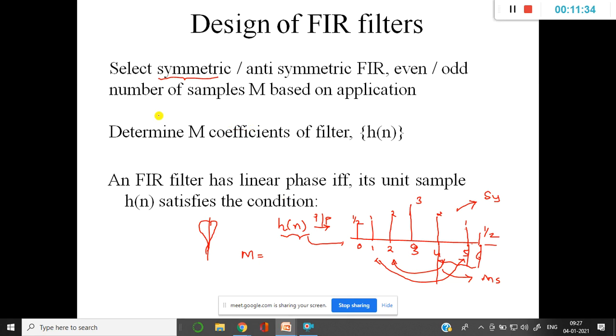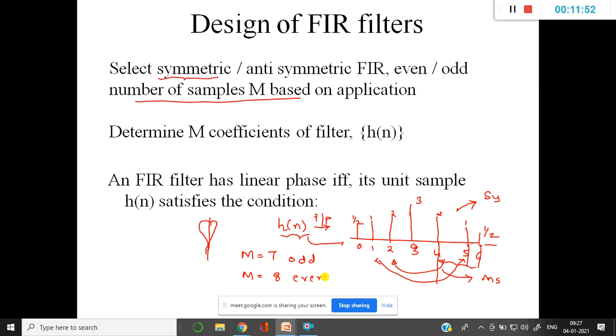Let us call the number of samples M; here M is 7, since n is 0 to 6, which means an odd number of samples, or M may be an even number of samples.